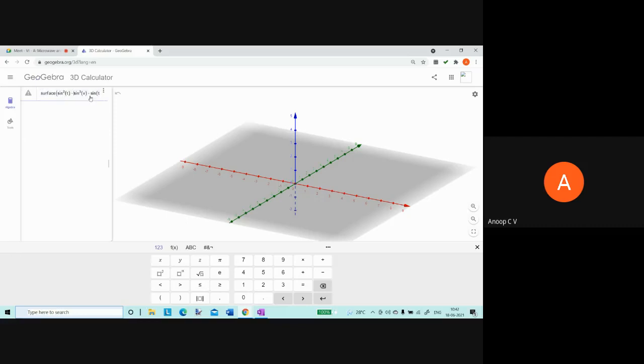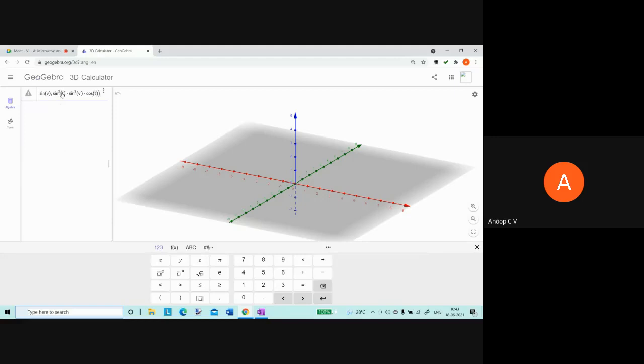Simply cos v, comma. I've defined the x component. Next is into sine t into sine v, and next is this times cos t.